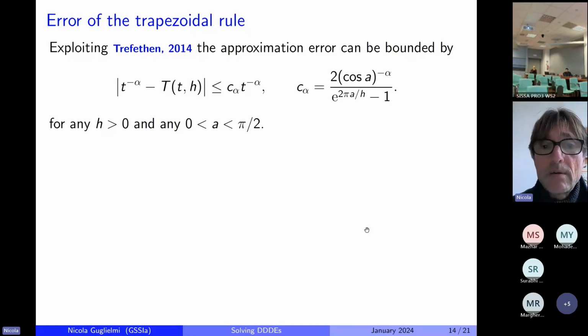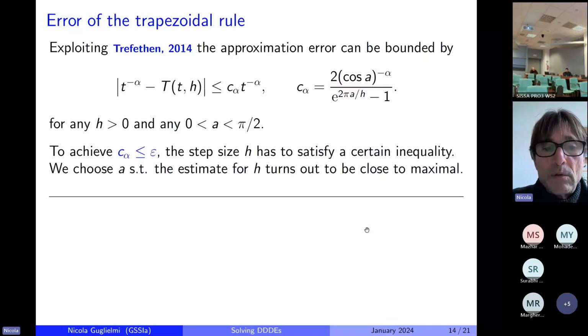The relative error that you obtain by approximating this integral by the trapezoidal rule is bounded by c alpha, and in the denominator there is the exponential in 1 over h, so it is exponentially fast with respect to h. So you have spectral convergence with respect to h.